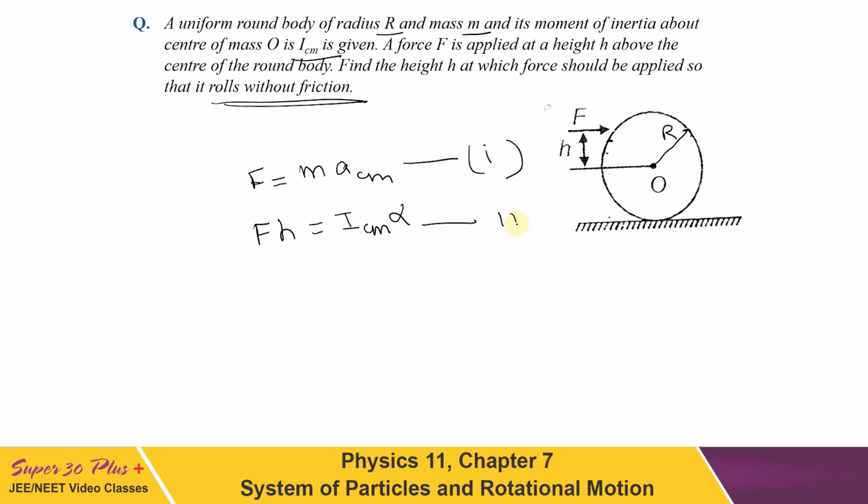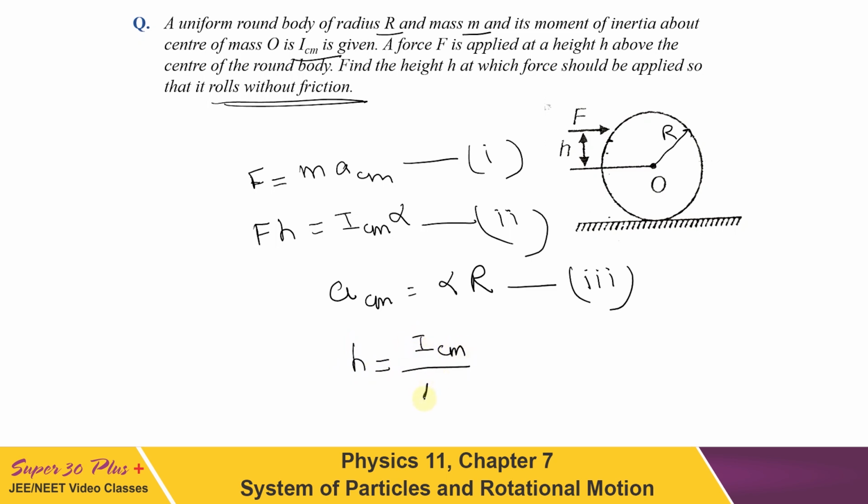This is our equation number 2. Now if it is a pure rolling which is given here, so ACM has to be equal to alpha r, which is equation number 3. On solving all these equations, we will get h to be equal to ICM upon MR.